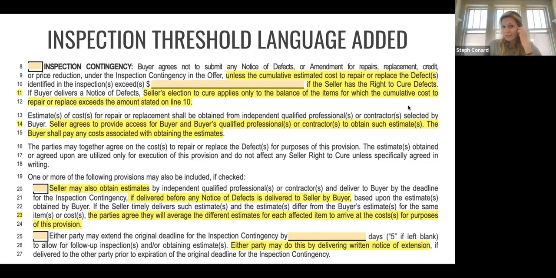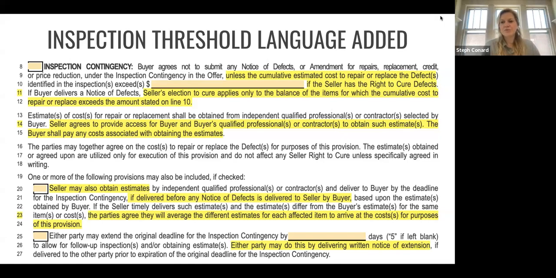Okay, so now the inspection threshold language. I'm coupling this with the training on the inspection contingency now that this form is in our market and will probably be used for the foreseeable future. Before this language, there was similar language floating around out there.